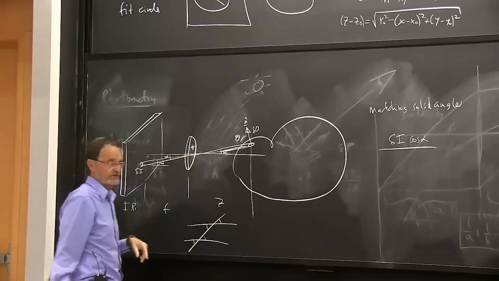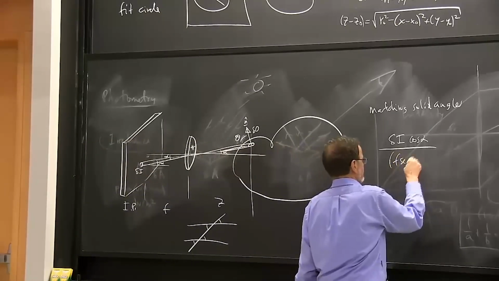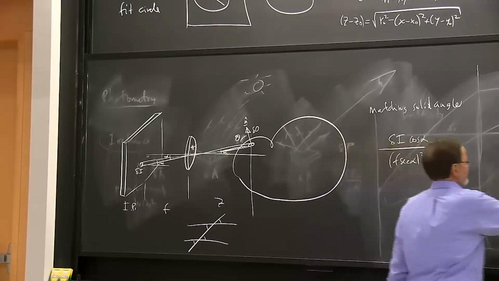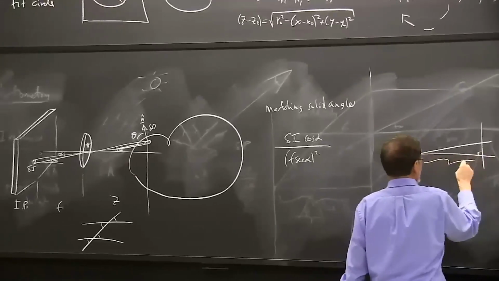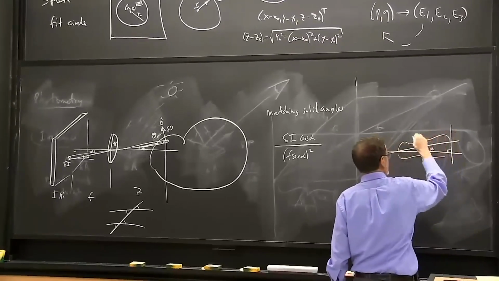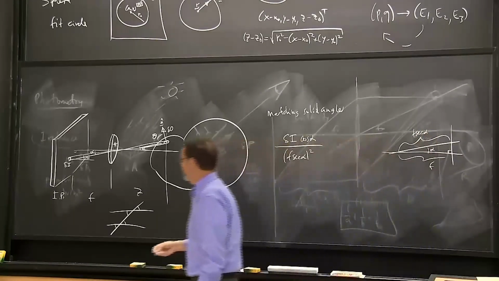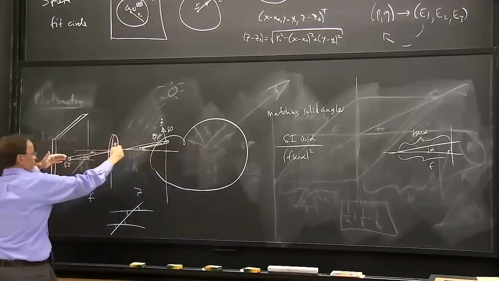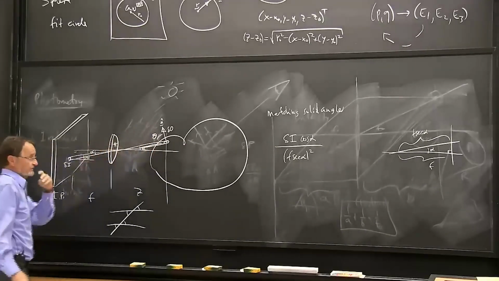It's bigger than f squared, right? So it's f secant alpha squared. So this part is f, this is alpha, and I'm measuring this length. You can imagine if I draw this further out, then that's going to become even more obvious.